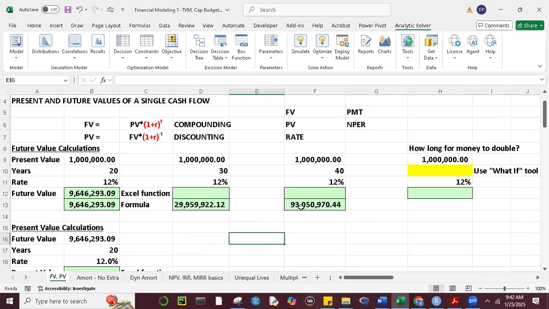29 and 93. So you notice something very powerful here: you increased by 10 years, and the money did not become double. It did become around 20 because this is almost 10.